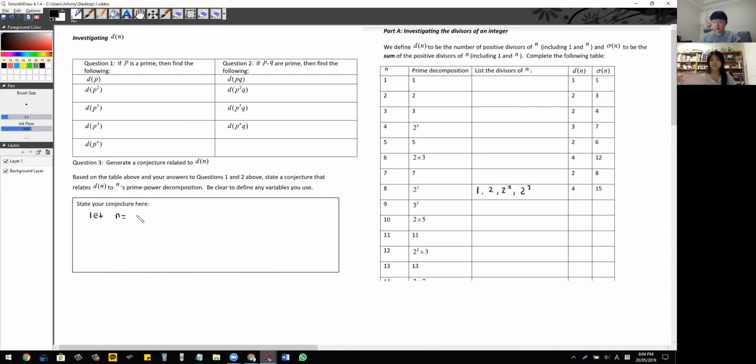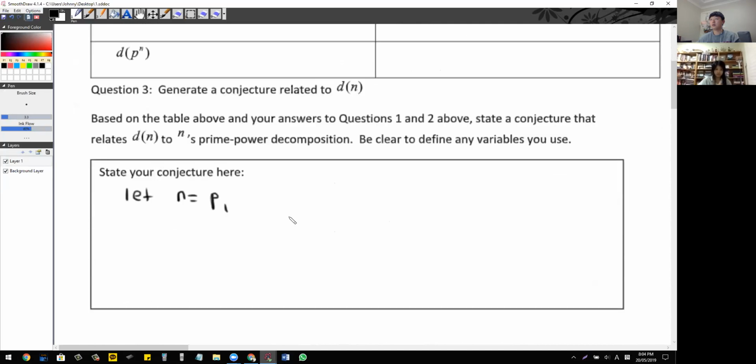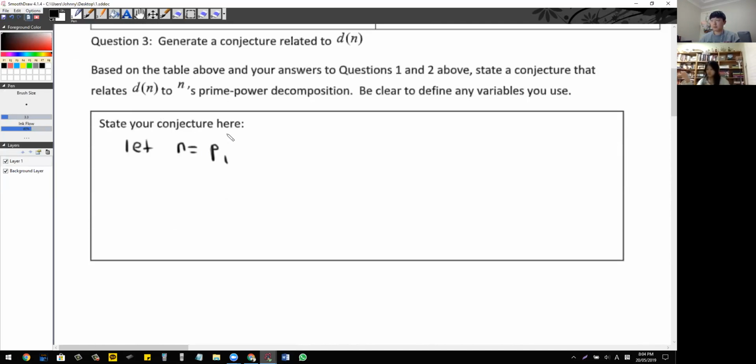Let n equal P1 to the K1, P2 to the K2, P3 to the K3, up to PR to the KR, where Pn is prime.